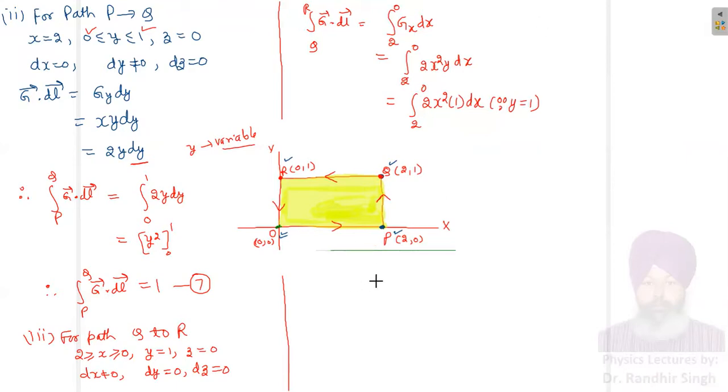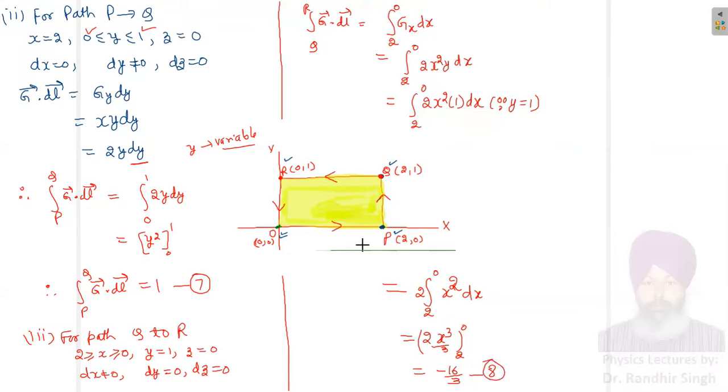So after that, if I write it here, then this will become integration, 2 will be outside, from 2 to 0 x square dx, and this will be 2x cube by 3 from 2 to 0, and it will be nothing but 16 minus 16 by 3. Let us say this is equation number 8.